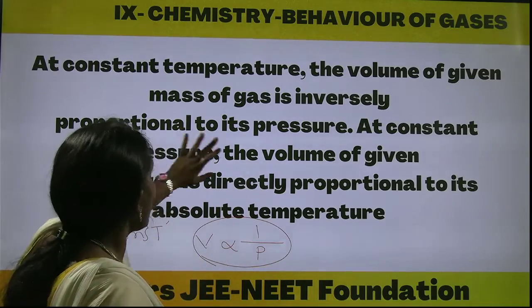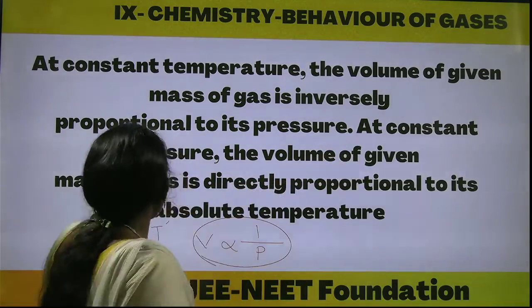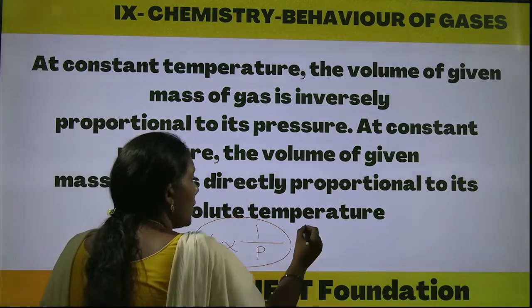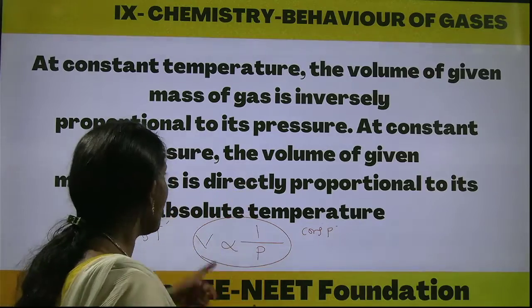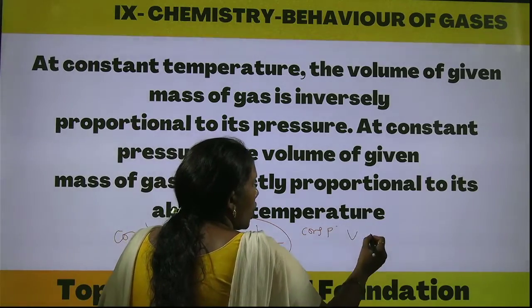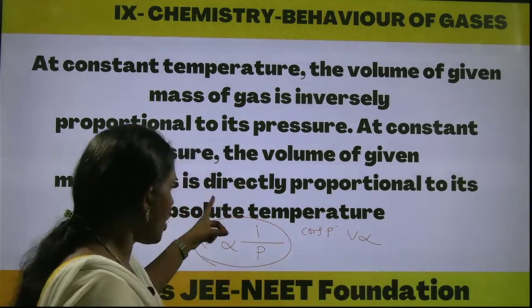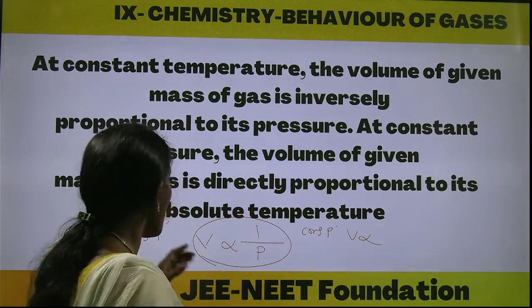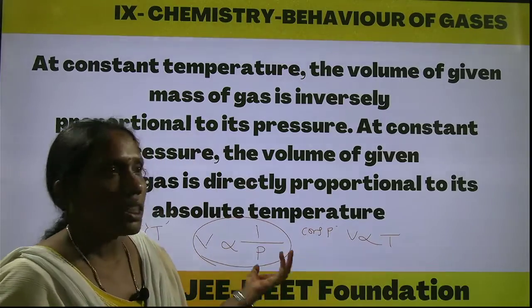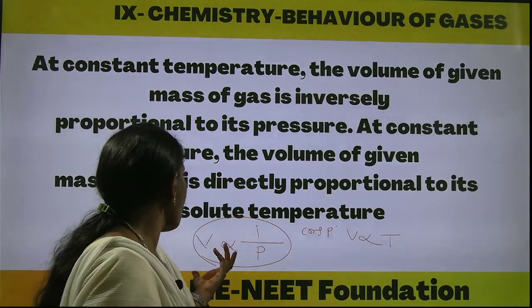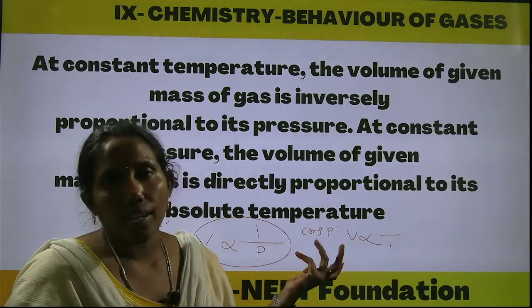That is the first statement. Next one, at constant pressure, the volume of a given mass of gas is directly proportional to its absolute temperature. So in the paragraph they gave Boyle's law and Charles' law statements.